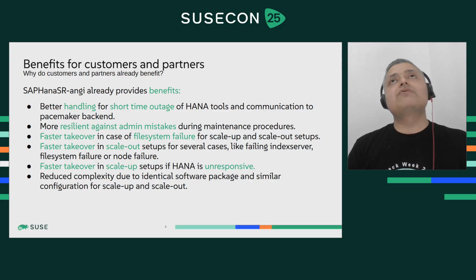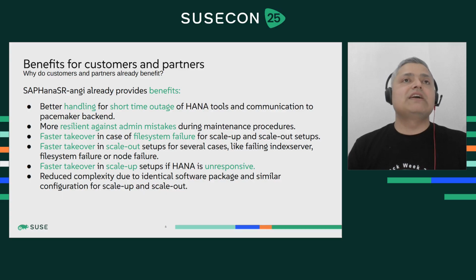And it is also more resilient against admin mistakes during the maintenance procedures. So new logic has been added. For example, there is this multi-state resource called SAP HANA controller.